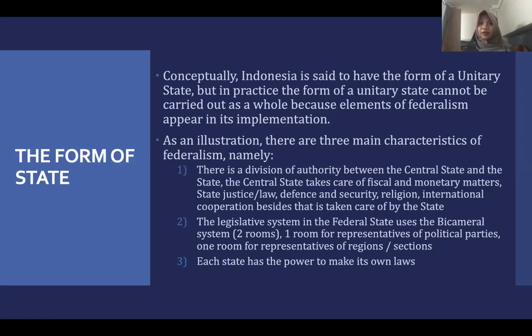For example, in the central government they have regulations, or undang-undang, and in the local government we have mayor regulations. That's different, right? And then, these three characteristics of federalism are implemented in the unitary state in Indonesia. We still have the division of authority between local and central government.